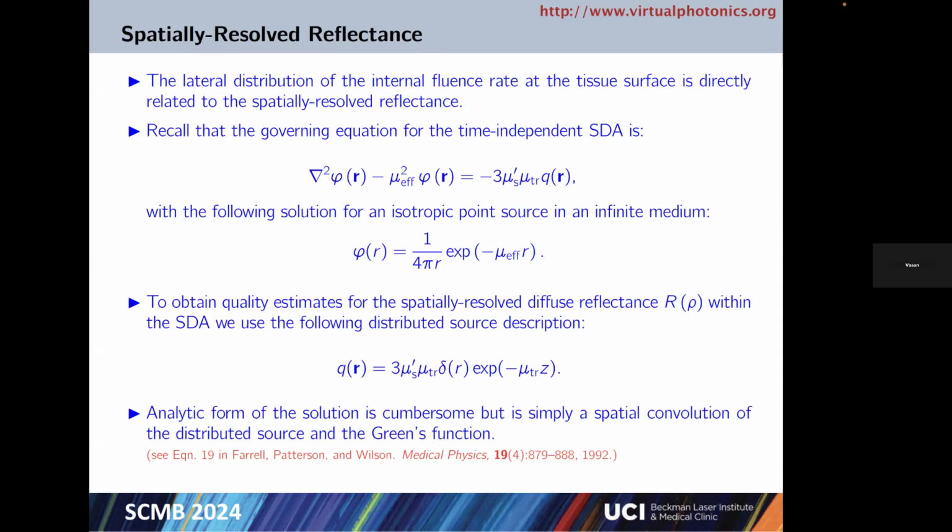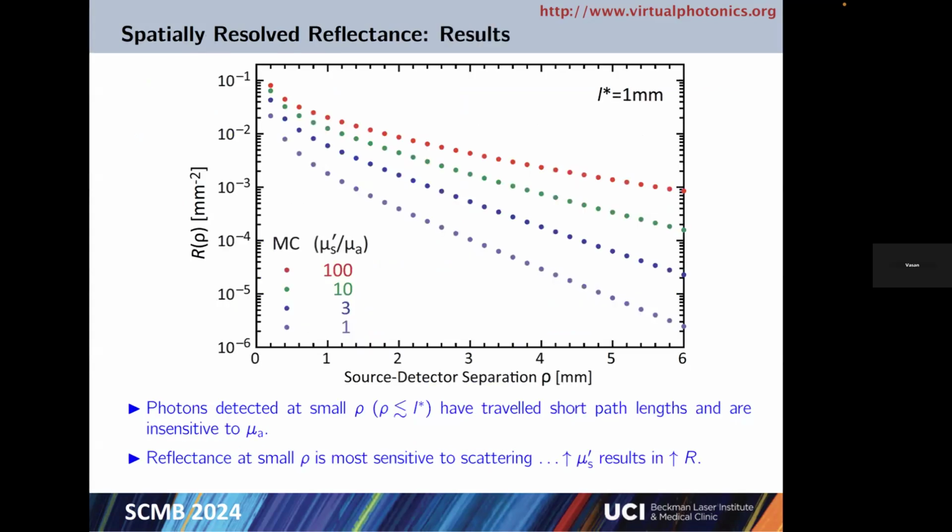It typically has a value of about 0.3 per millimeter if you do the math. And then to get the solution for spatially resolved reflectance, you typically use a pencil beam, right, coming down. And so you get a spatially distributed source in Z, and then you can do the wonderful math. I'm not going to show it to you. It's in that paper that's referred to there.